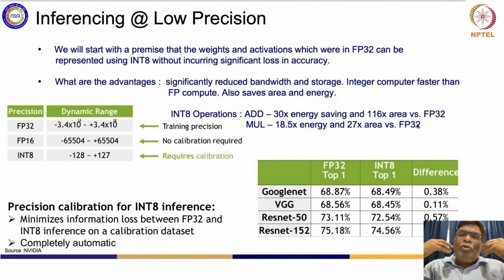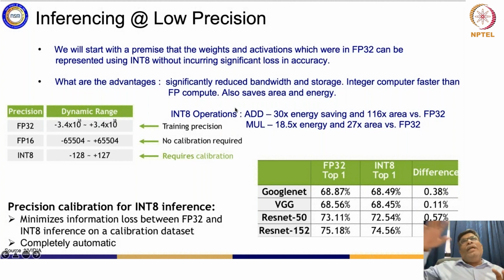You will have so many of such operations, and once you are able to reduce the energy and the area, you will actually get a lot of advantages in time as well. So the idea is that we should significantly try to use int 8 operations.